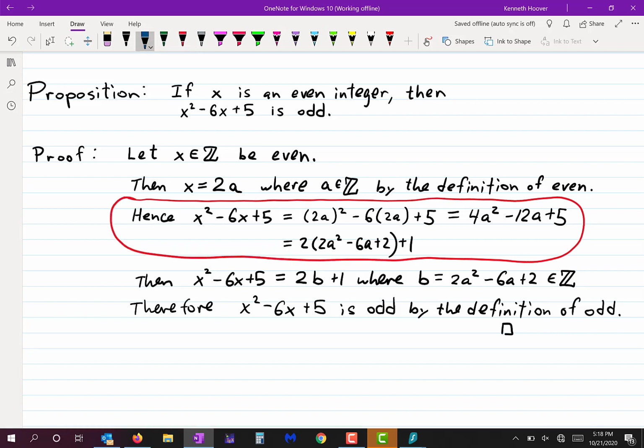Let's number the lines: number 1, number 2, if you did this, 3, 4, 5, 6. Your numbering is not correct if you do that. There are not 6 lines in this proof. There's only 5 lines, because that thing that I circled in red is 1 line. That is line number 3.